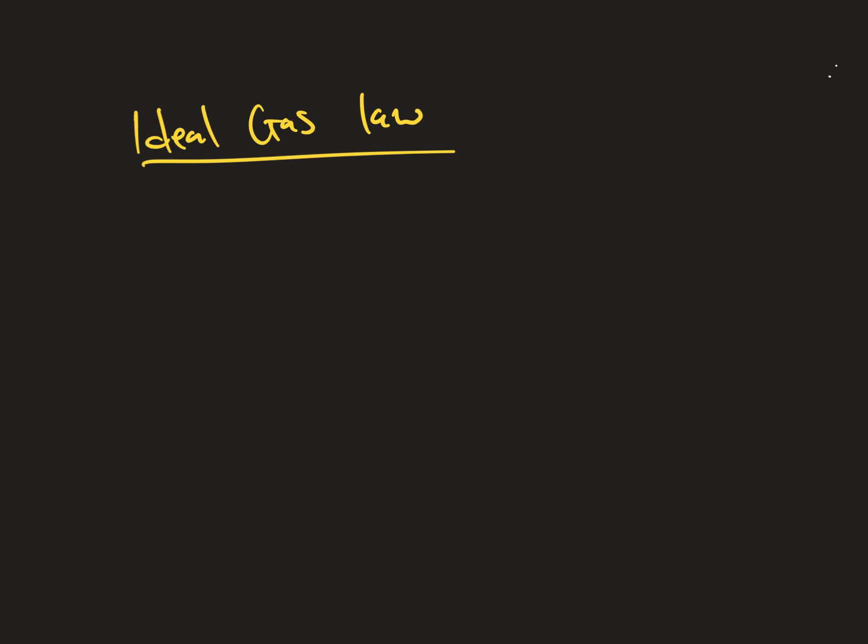We use mathematics to help us make predictions, and this is our best effort to do that. So the ideal gas law is PV equals nRT. You may have heard of it before, but you don't have to memorize that because it's on your reference sheet.